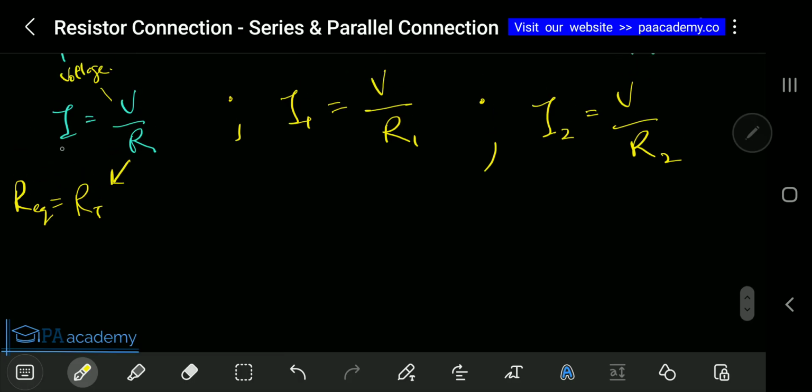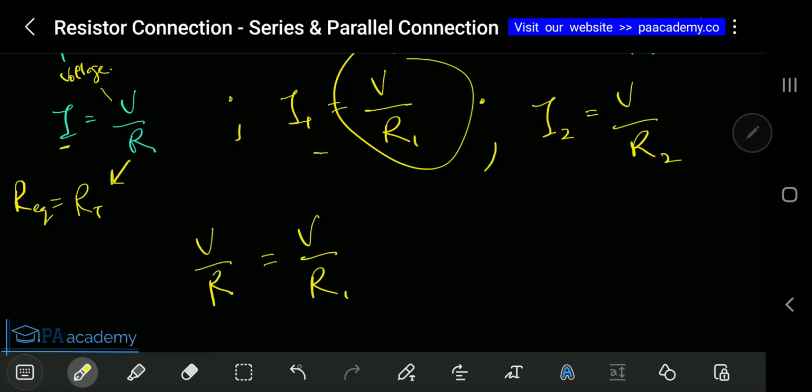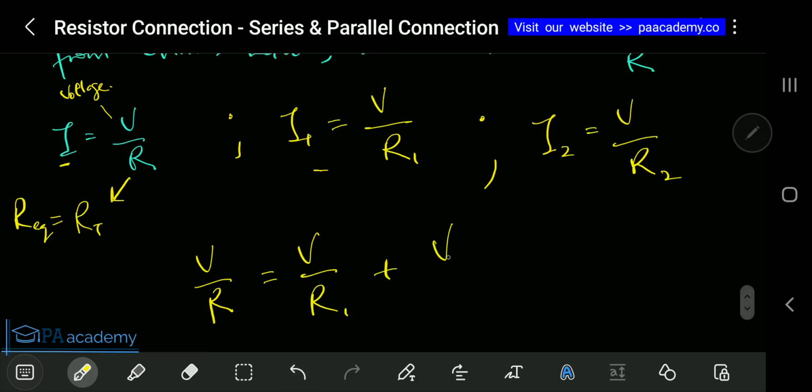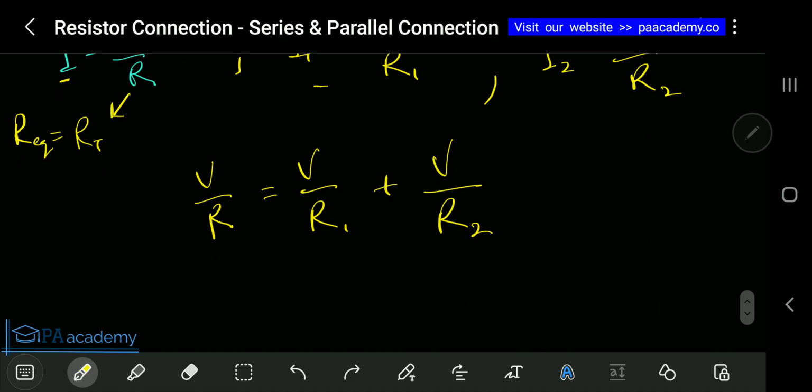So if we do the same thing with all of these values, we will have V over R, which is this one, equals V over R1, which is this, plus V over R2, which is for this. You see that the value of V is the same across.